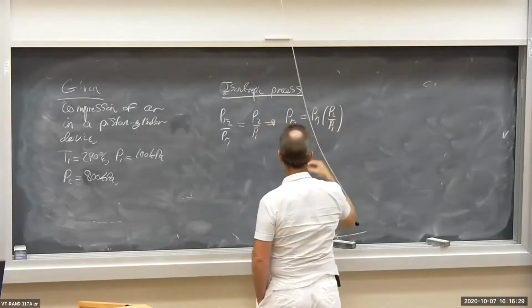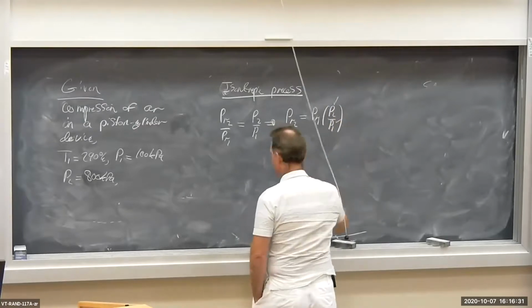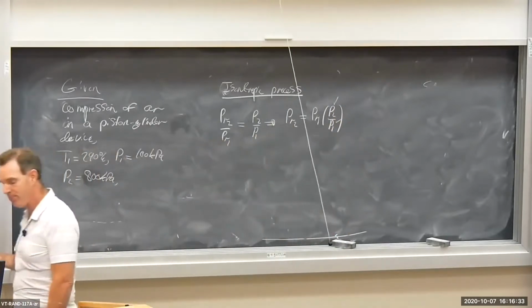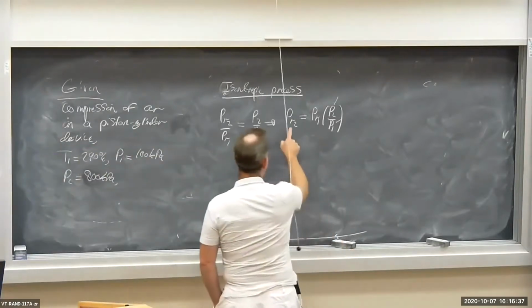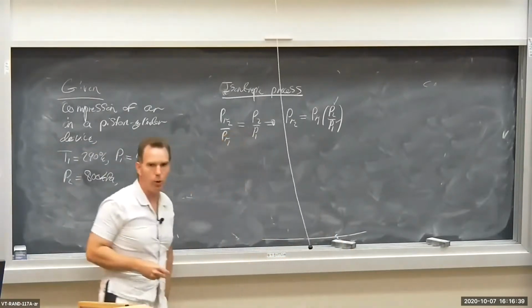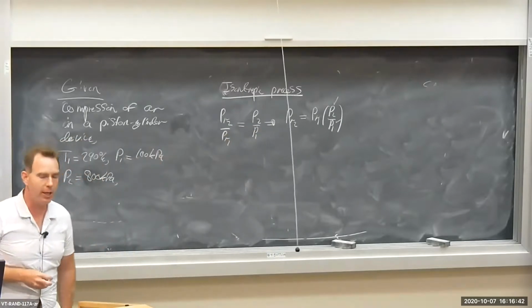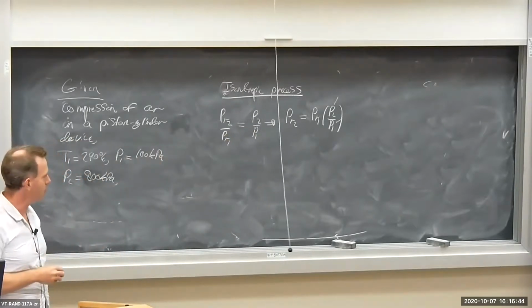Now, I've got these pressures, P2 and P1, 800 and 100 kPa. Once I have PR2, I can go into a table and extract internal energy at state 2. Okay, that's what I'm looking for.